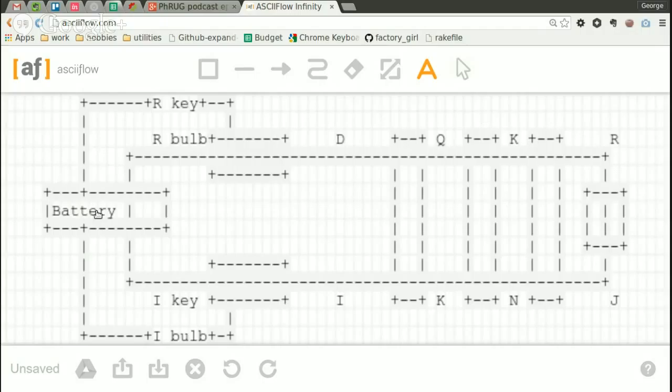And that battery handles all of the connections from all of the keys and all of the bulbs. It's like this single point where all of them are connected. That's one way you can imagine it. It's not mentioned in the article or in the videos, but hopefully that might help.